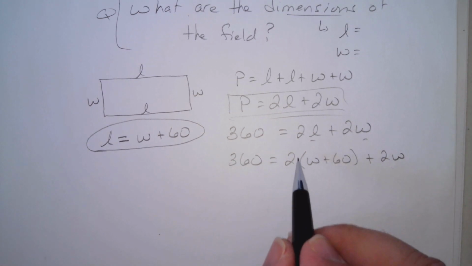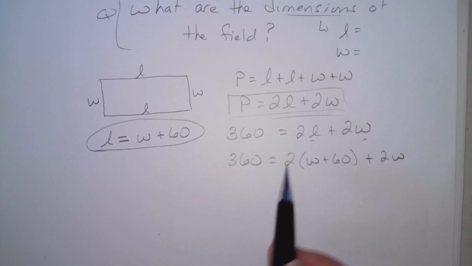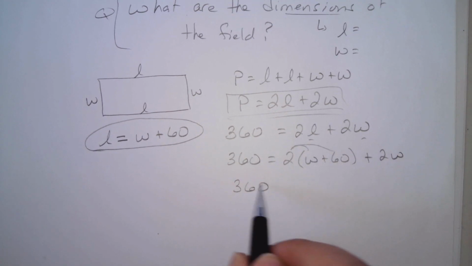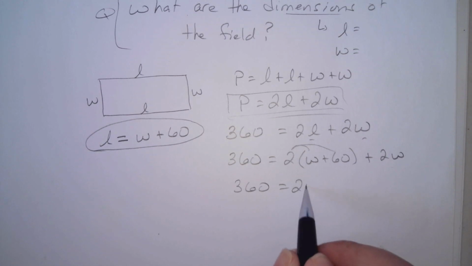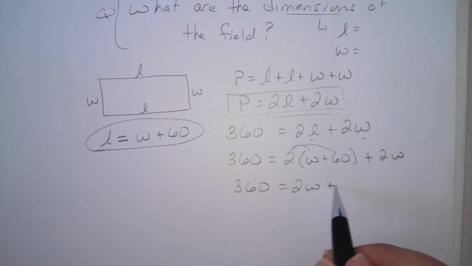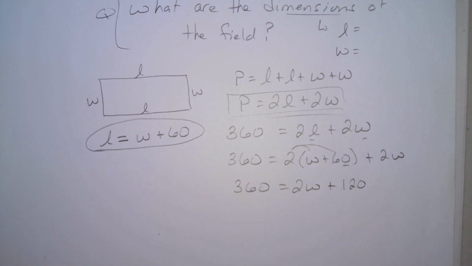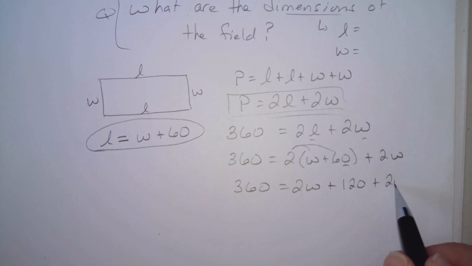So let's begin. Distribute to get rid of the parentheses. So we got 2W. 2 times 6 is 12 with a 0 behind it. Plus 2W.